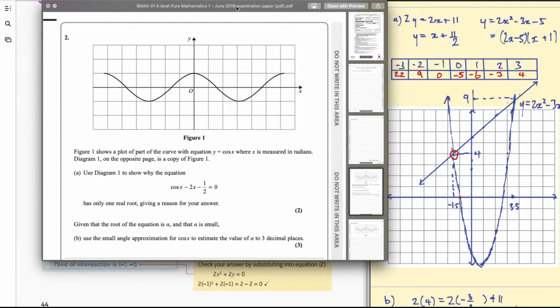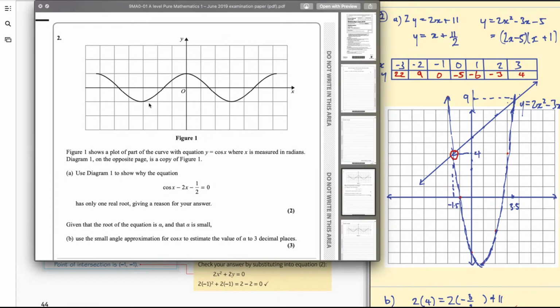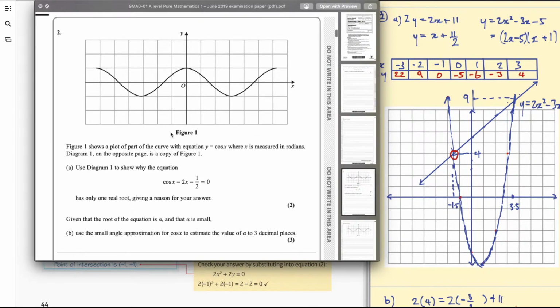this one here. So this question was involving this equation, cosine x take 2x take a half equals 0. And you had to show that there was only one solution to this equation.